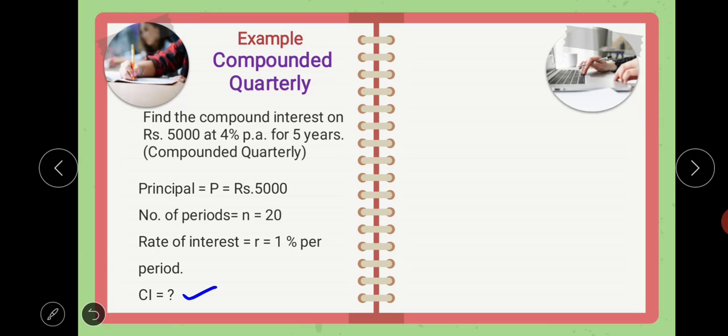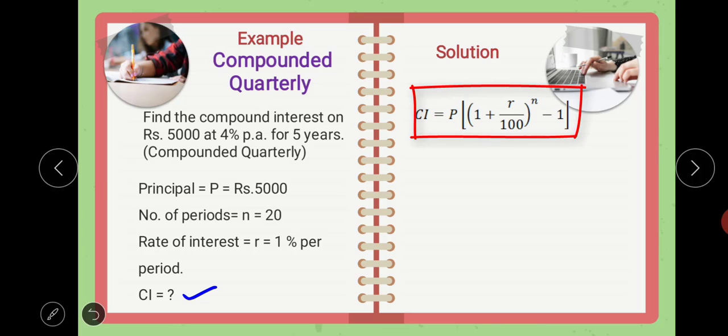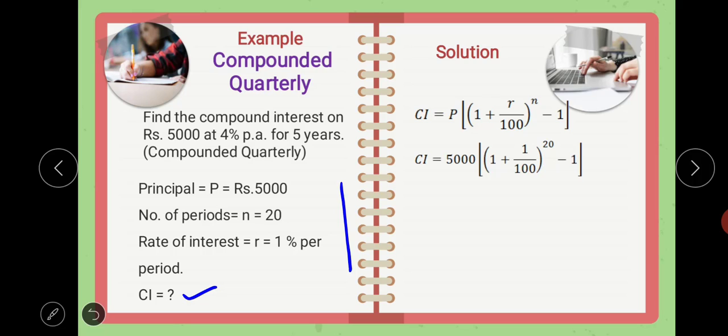Now the solution of this example. Again the same formula for compound interest. Compound interest is equal to P into bracket 1 plus r upon 100 bracket raised to n, minus 1. Now put these values in the formula. So compound interest is equal to 5000 multiplied by 1 plus 1 upon 100 bracket raised to 20, minus 1.